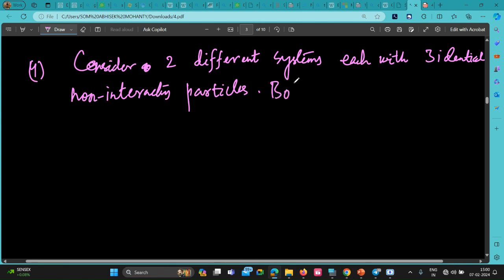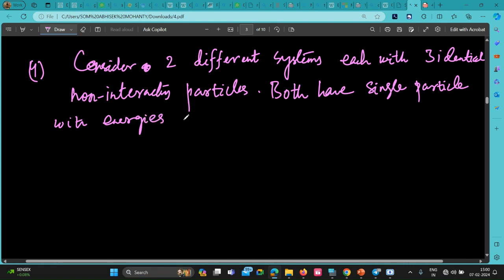Both have single-particle energies E0, 3E0, 5E0, where E0 is greater than 0.